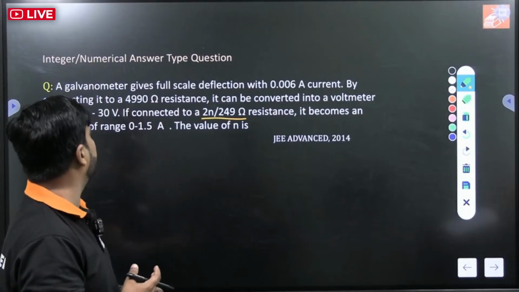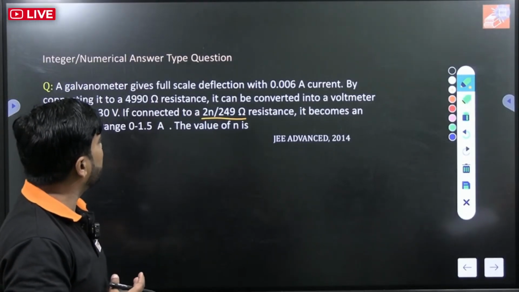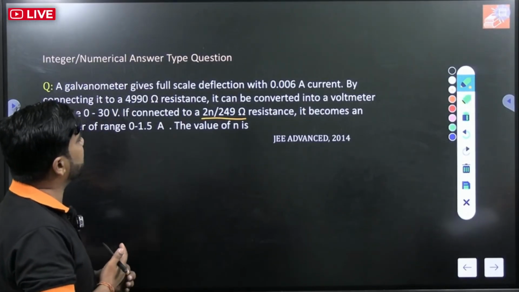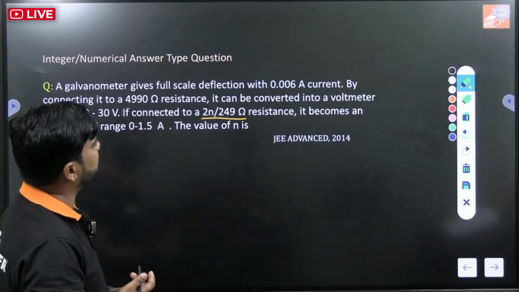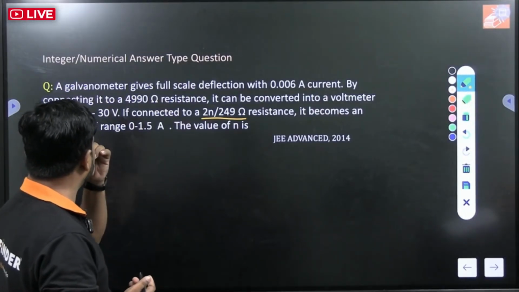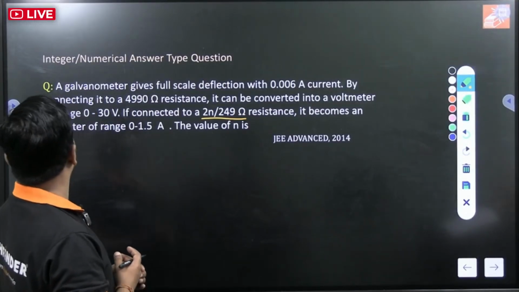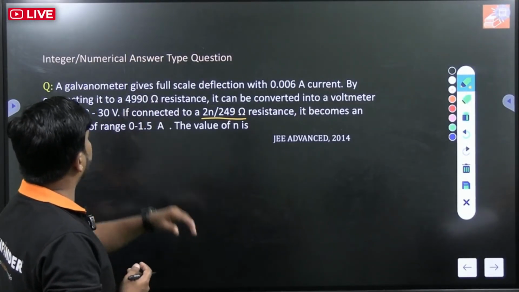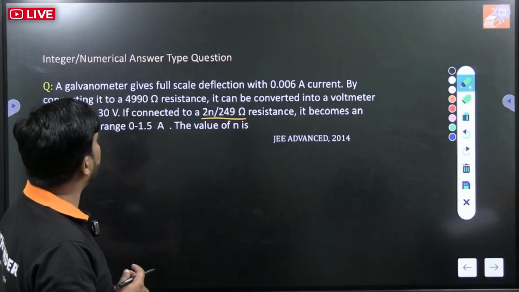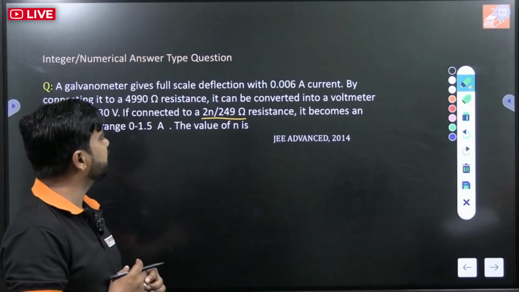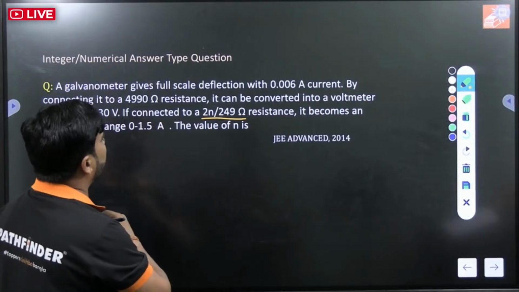The value of n is. Now, galvanometer is giving full scale deflection with 0.006 ampere current when connected to a 4990 ohm resistance.